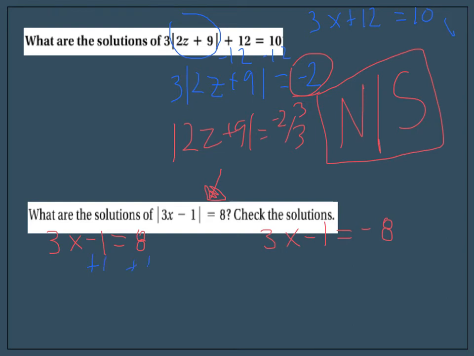So add 1 to both sides, I get 3x is equal to 9. Add 1 to both sides, I get 3x is equal to negative 7. So x is going to be equal to 3, or x is going to be equal to negative 7/3. When you have absolute value, you should have 1 or 2 different answers.